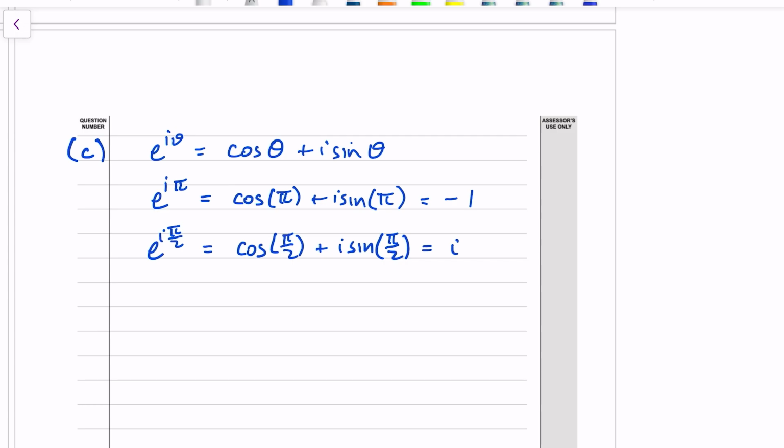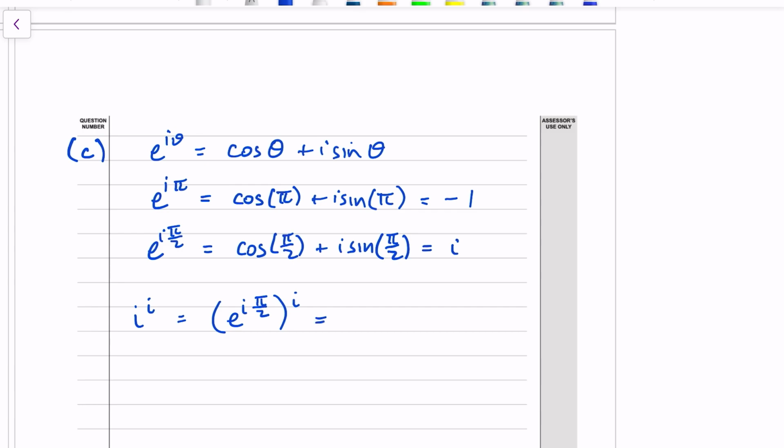The question asked us to find i to the i and square it. Well, if that's i, then i to the power of i is going to be e to the i pi over 2 to the power of i. I don't rewrite it again, because I can use power rules.